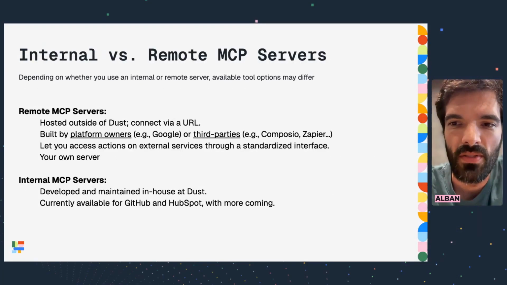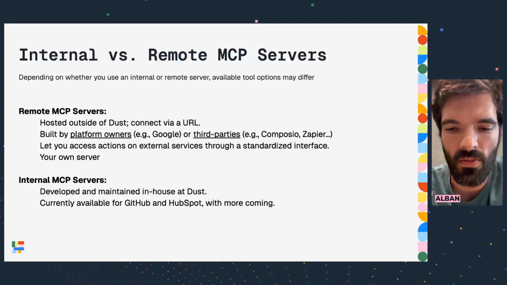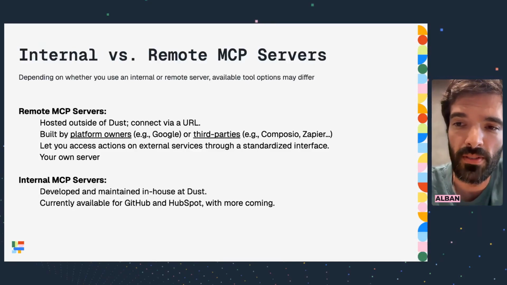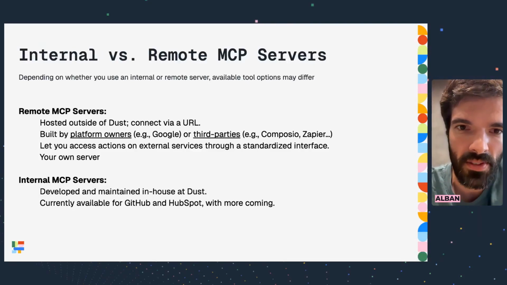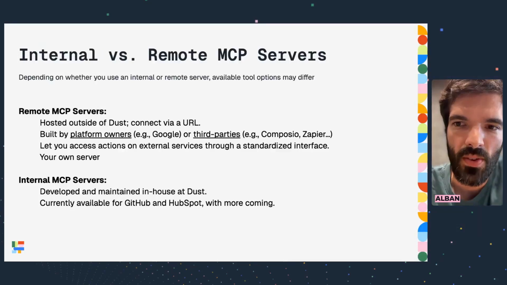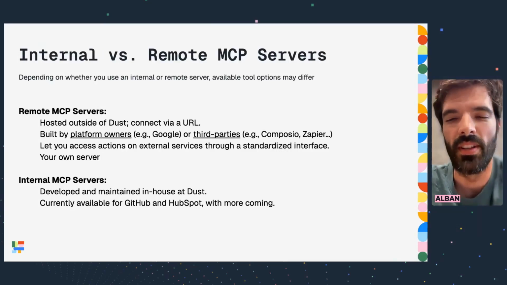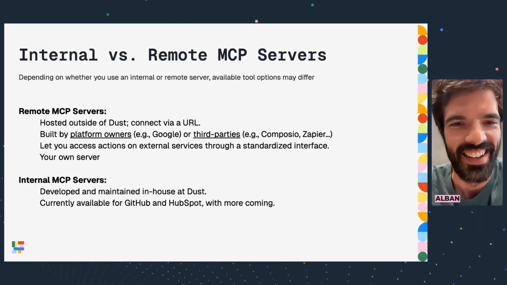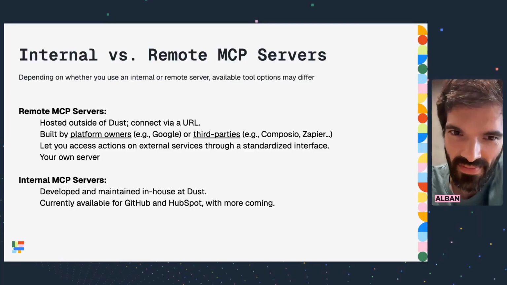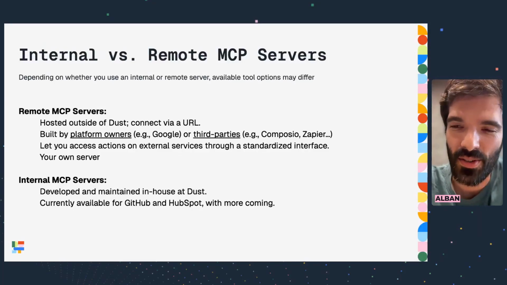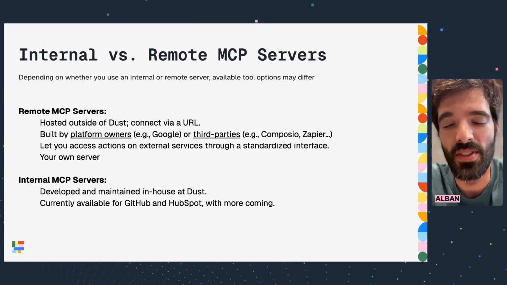I've got one last slide to make sure we're clear on what a remote server and an internal MCP server are. Let's start with the remote server. It is a server that is hosted somewhere else.